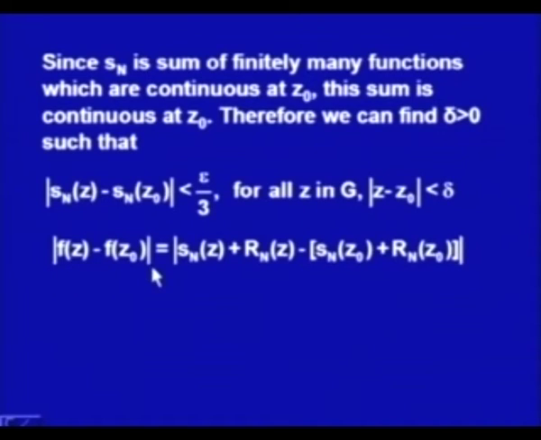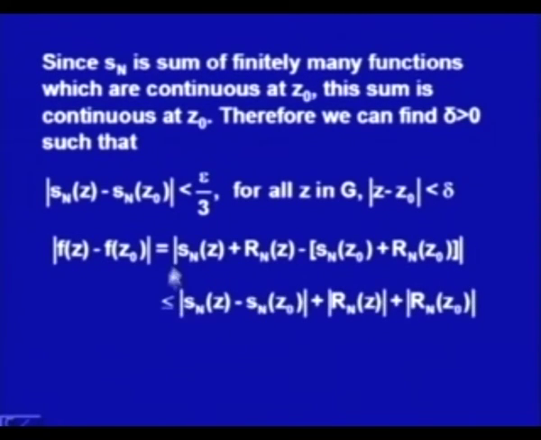And therefore, we can write f(z) minus f(z naught) as S_n(z) plus R_n(z) for f(z), and for f(z naught) I write S_n(z naught) plus R_n(z naught). So, this will be less than modulus of S_n(z) minus S_n(z naught) plus modulus of R_n(z) plus modulus of R_n(z naught).